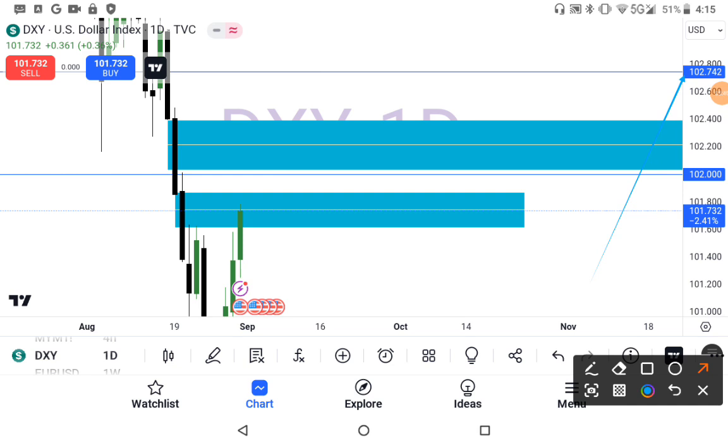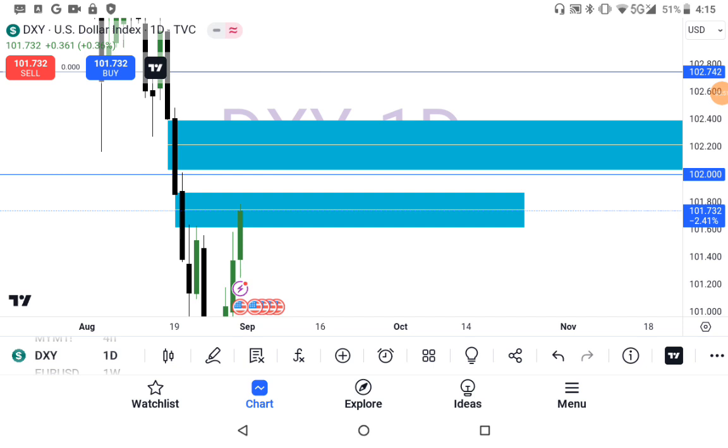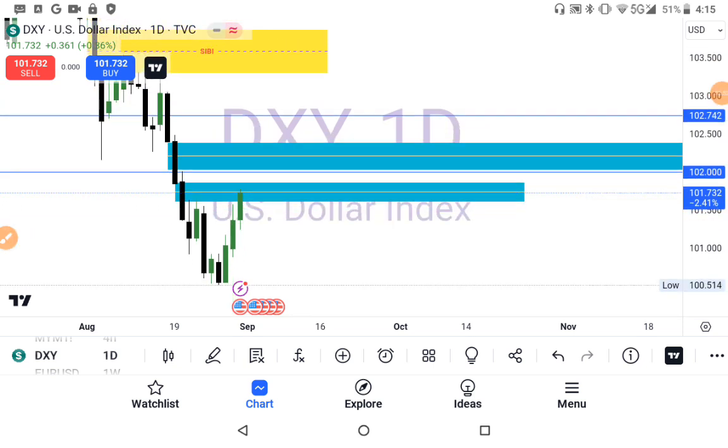Until the price takes those levels, these two CBs, only then will I be bullish on dollar again. But personally, the coming week, I'm still interested in 102.000, and possible movement is 102.742.